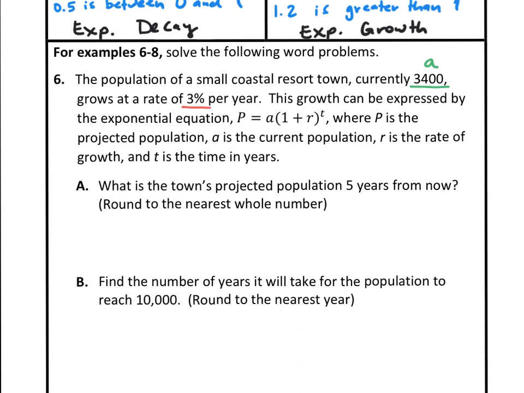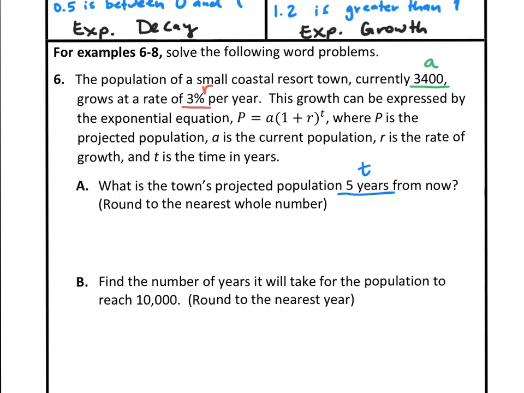So 3% is my rate of growth. And we're interested in the question, it's in part A, it says, what is the town's projected population 5 years from now? So 5 years is T. So I'm interested in the value of P, the projected population. Okay?